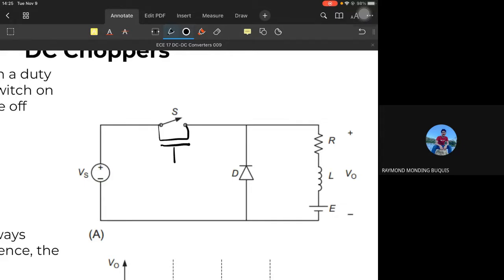So here it's possible that there is a more complicated circuit that drives our MOSFET or our power electronic device which acts as the switch, or it could be as simple as an AC source and a square wave, a pulse width modulated input.